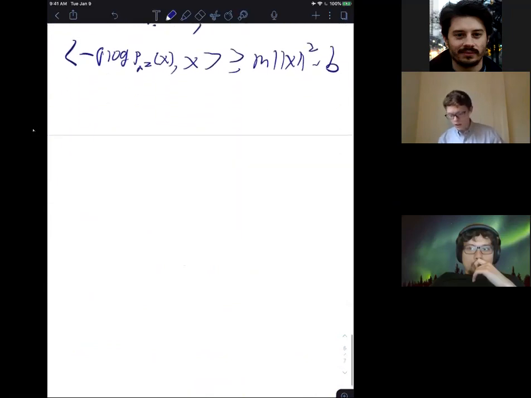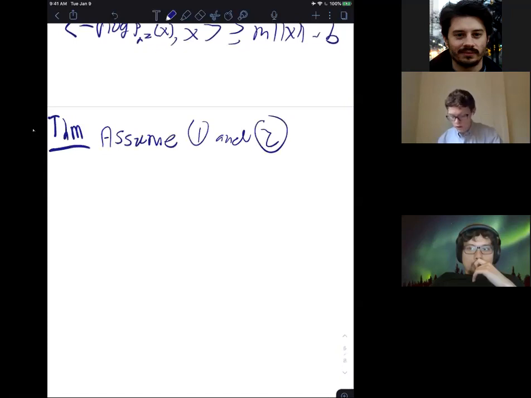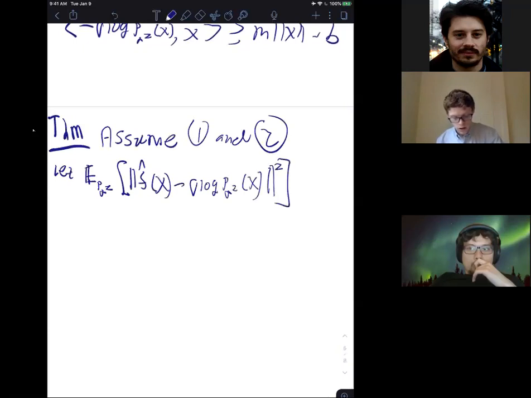So I'm just going to state the theorem that we're going to spend some time on. And it's going to look a little ugly. Assume 1 and 2 above, and let E_{p_σ²}[|f̂(x) − ∇log p_σ²(x)|²] be less than or equal to some ε².